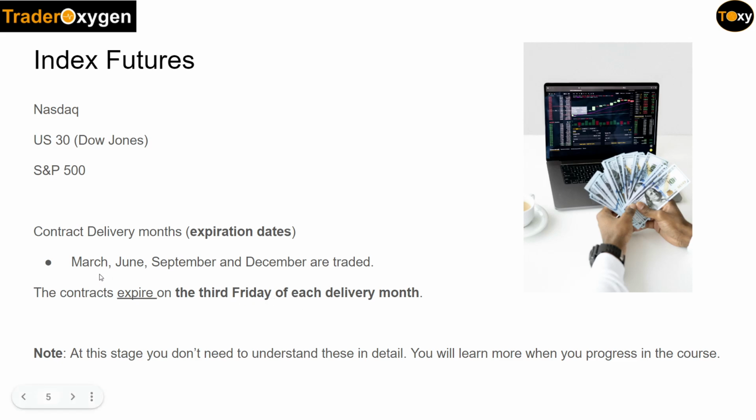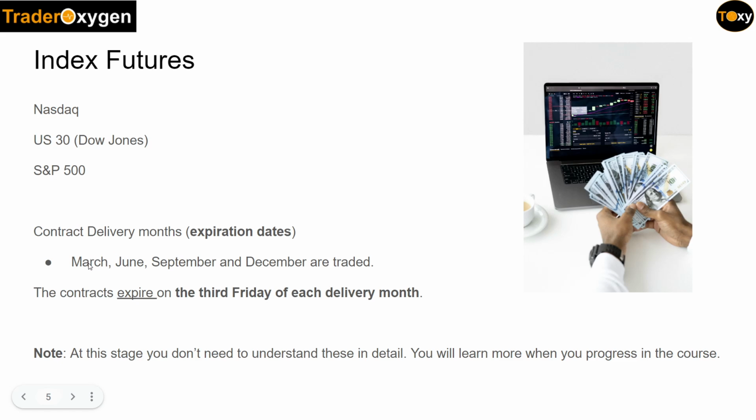So the idea is when a contract expires, you start trading the next contract. When that expires, you start trading the next. So you get roughly a 3-month period to trade a particular contract.